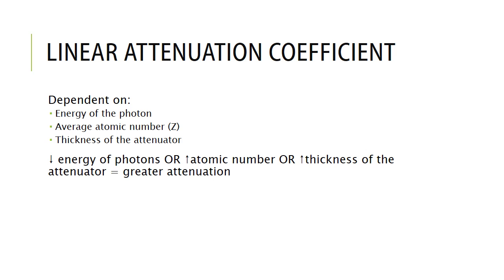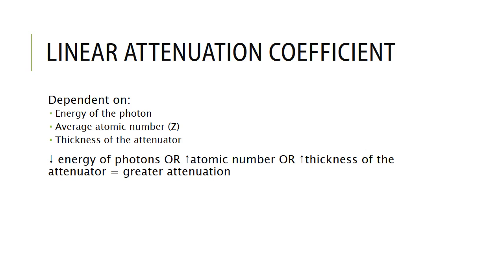So when you're talking about attenuation, you have to talk about the attenuator, basically the material that's going to cause the loss of the photons, or the attenuation. For different attenuators, you're going to have what's called a linear attenuation coefficient. That's a property of the attenuating material, or the attenuator.